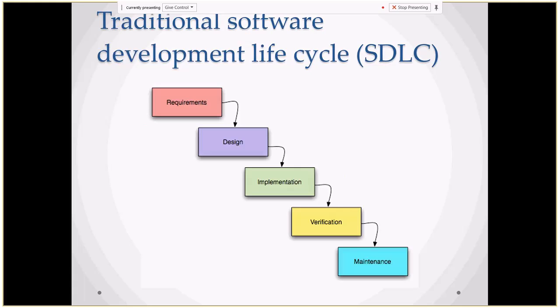Some other stage, verification or the QC process, testing, and then maintenance. Almost every stage was one by one, so there's a dependency. Each stage starts once the previous one is finished. So that's the waterfall model.